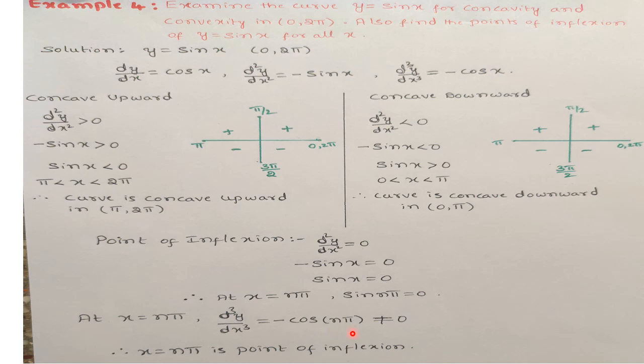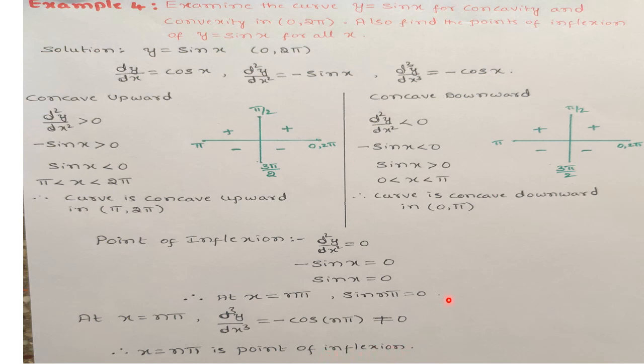That means it is not equal to 0, it is plus 1 or minus 1 for any integral value of n. Therefore, this is not equal to 0, so this is the point of inflection. Therefore, x equal to n pi is the point of inflection.